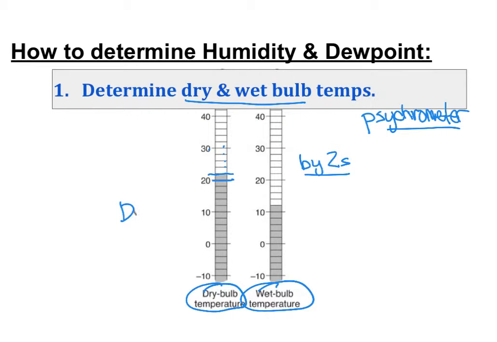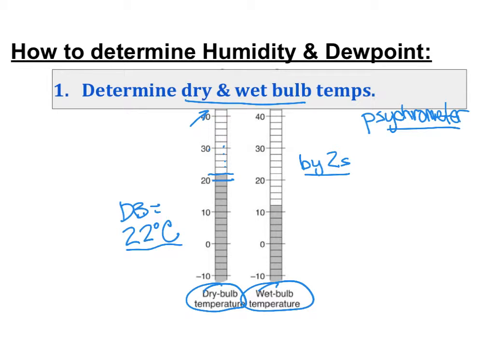So the dry bulb temperature in this case is 22 degrees. And on yours, it says up here, even though it's hidden, that it's degrees Celsius. So on your paper, I want you to make sure that you record dB, which stands for dry bulb, equals 22 degrees Celsius. You can do that right next to the dry bulb thermometer on your input page.